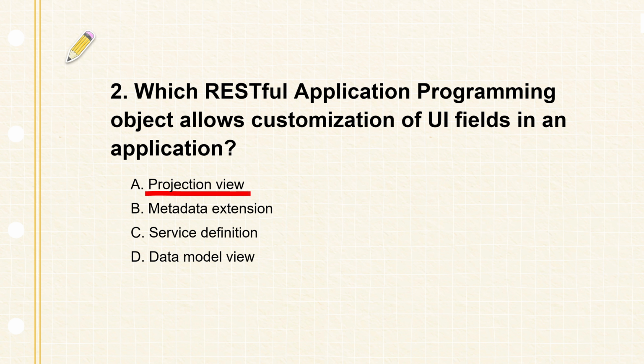Incorrect. Projection views are used for defining specific views of data in CDS, but not directly for UI customization. Correct. Metadata extensions are used to modify the UI by adding or changing properties of fields without modifying the underlying data model.